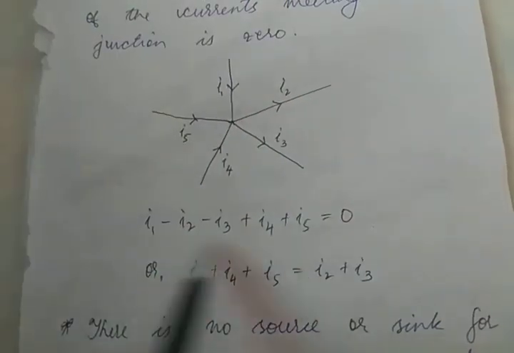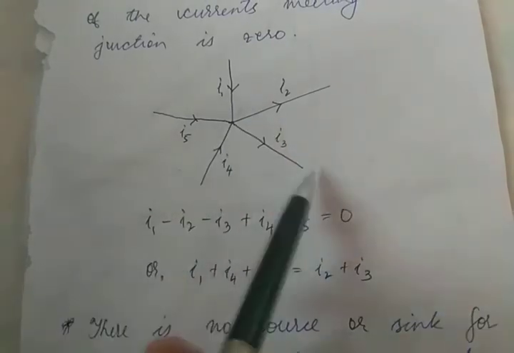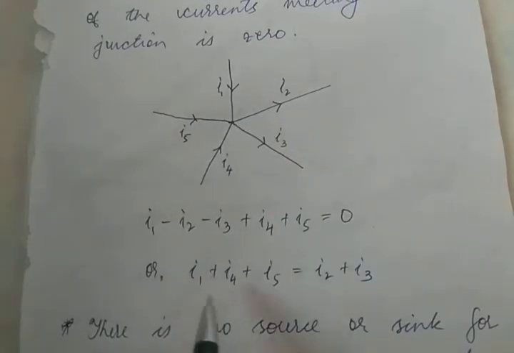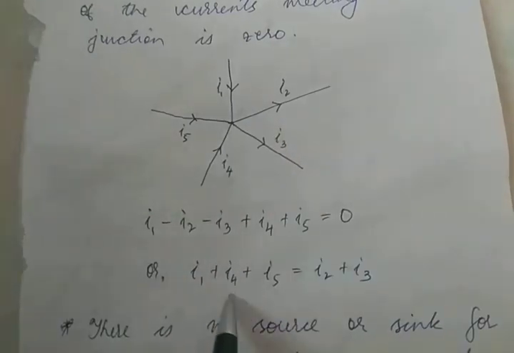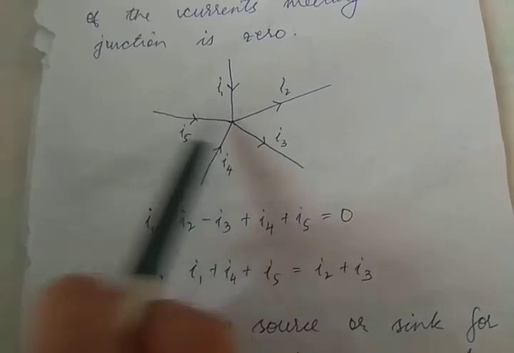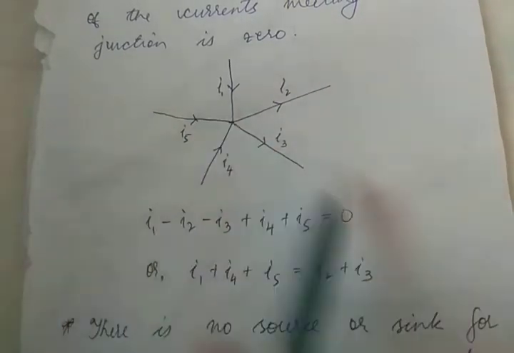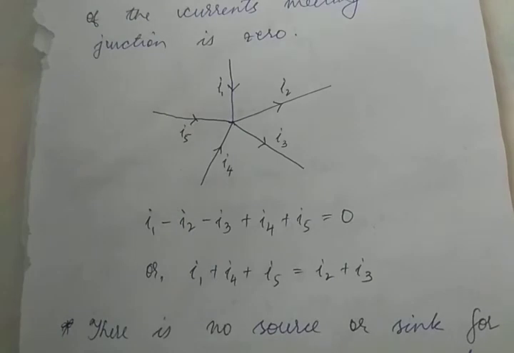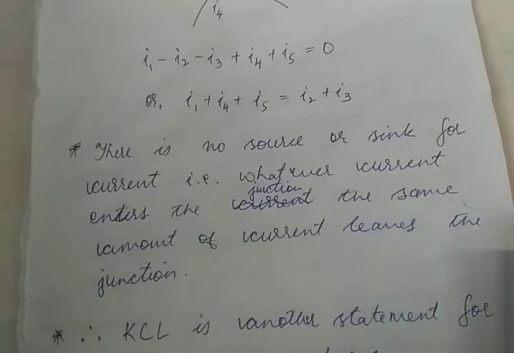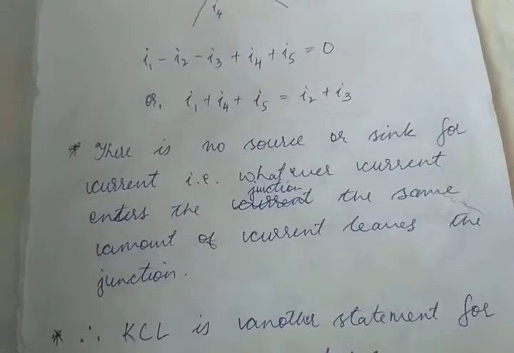We do not have any excess current flowing out of the junction, and we also don't have any loss in current. A lesser amount of current is not flowing away from the junction. That is why I've written this statement: there is no source or sink of current. That is, whatever current enters the junction, the same amount of current leaves the junction.